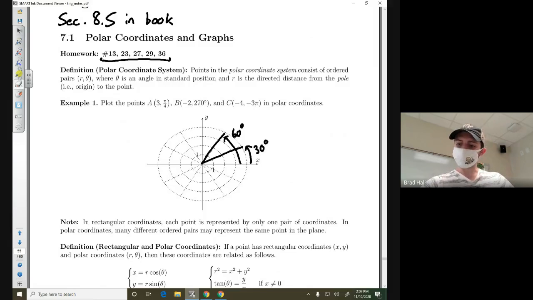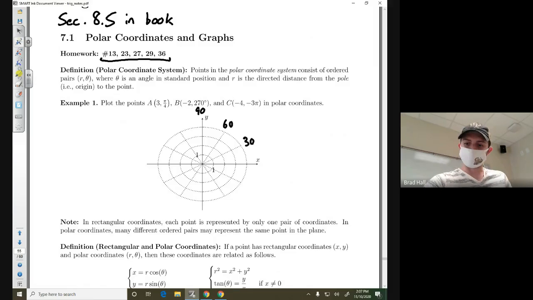but that is pretty much the spacing here. So this would be 30, would be 60, and then from 90 it would be 120 and 150.